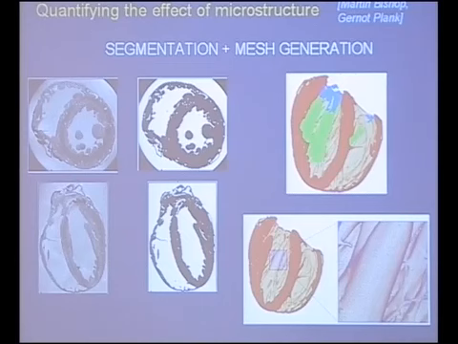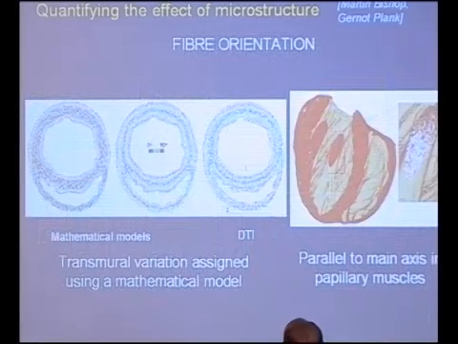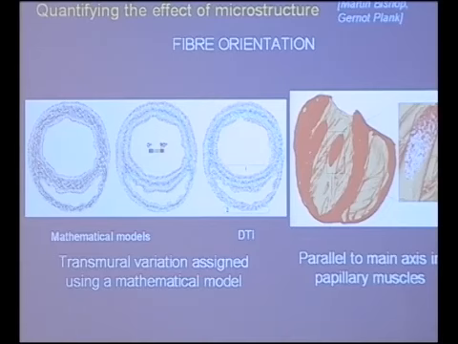Then we are segmenting different structures, papillary muscles, valves, and so on. We are generating meshes, and this is mostly the work of Martin Bishop with a lot of input from Gernot Plank. Then we are introducing fiber orientation, and in this case, we are doing it by using a mathematical model validated by DTI images.